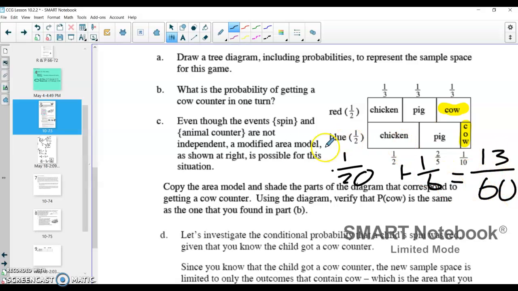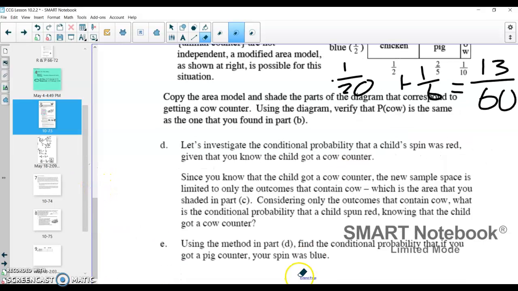It's just a different way. Instead of doing it on a tree diagram, they're using this modified area model. Same thing as a regular area model, though. If you want cow, you have to multiply in blue and cow. If you wanted blue and chicken, you'd have to multiply blue and chicken to get chicken. And we'll investigate that more with D down here, actually.